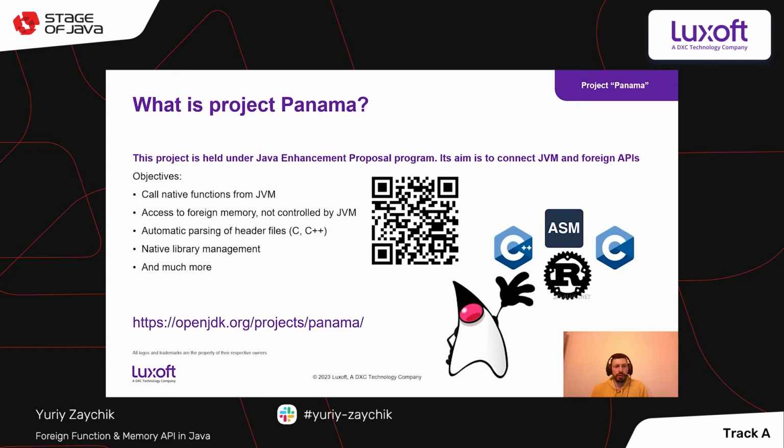So what are the objectives of Project Panama? The first one is to call native functions from Java and to substitute JNI in this. Then, to provide convenient access to foreign memory, which is not controlled by the JVM.